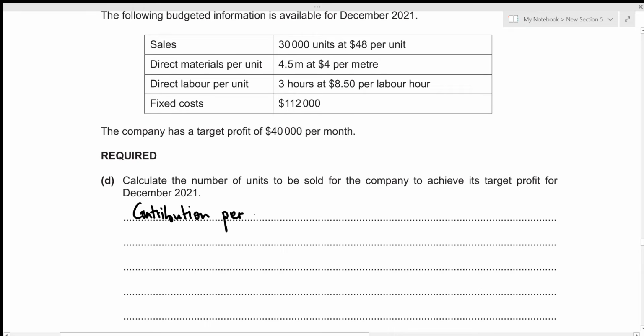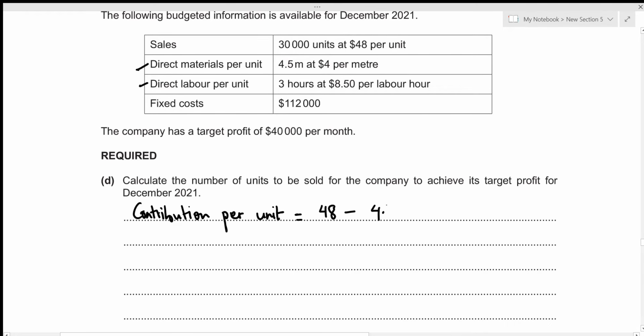So contribution is just the difference between the sales price and the variable cost, which will be the direct materials and the direct labor. And we are calculating it per unit. So per unit, the sales price is 48 minus the direct materials cost per unit is going to be 4.5 into 4, because we require 4.5 meter of the direct materials and each meter cost $4.